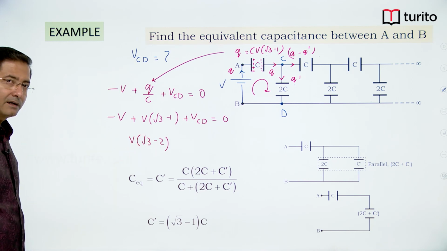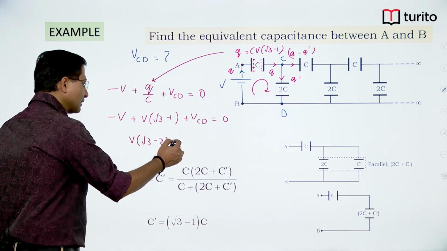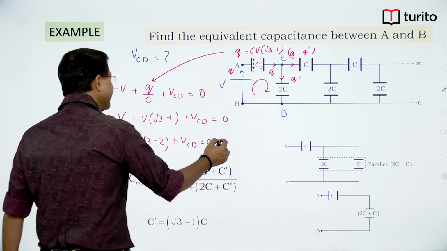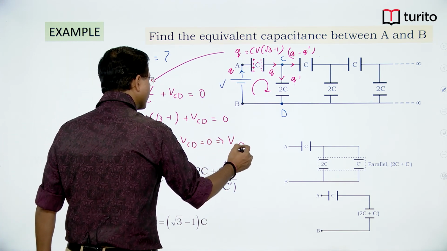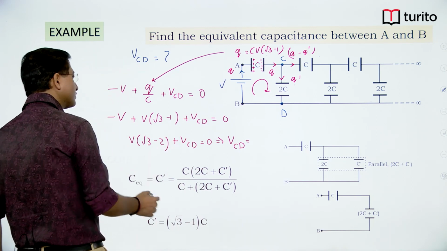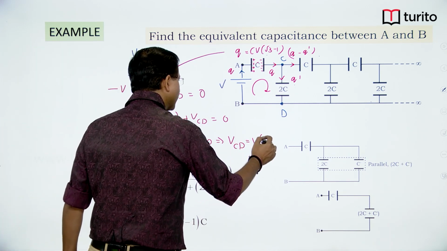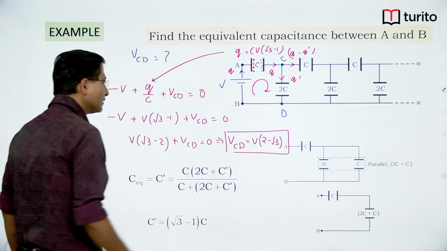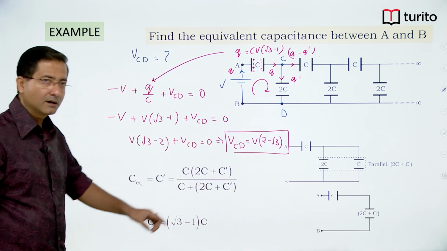On the other side, when I send this term, I can rearrange it as (2 − √3)V, in bracket 2 minus root 3. So VCD will be (2 − √3)V.